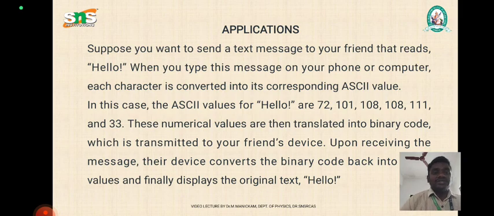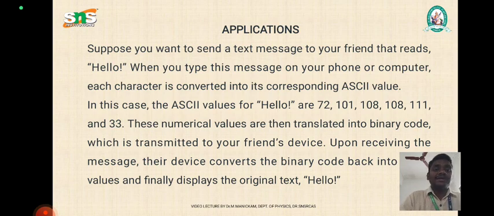Suppose you want to send a text message to your friend that reads hello, good morning, whatever it may be. When you type this message on your phone or computer, or whatever telecommunication instrument, each character is converted into a corresponding ASCII value.